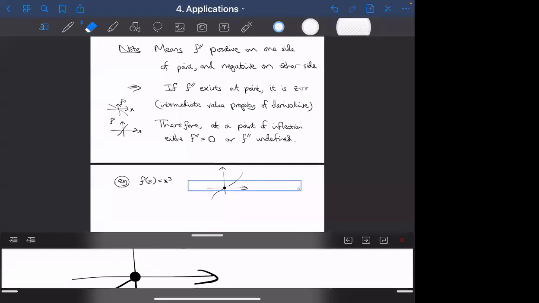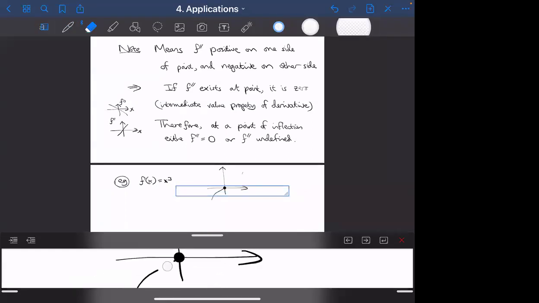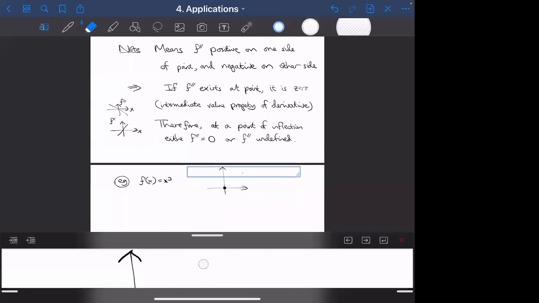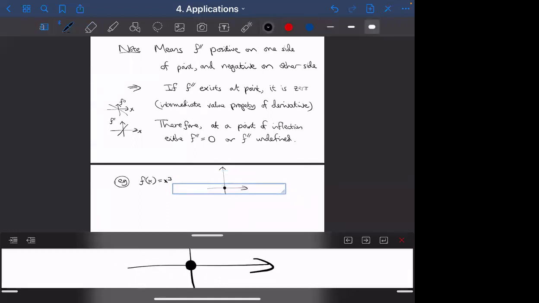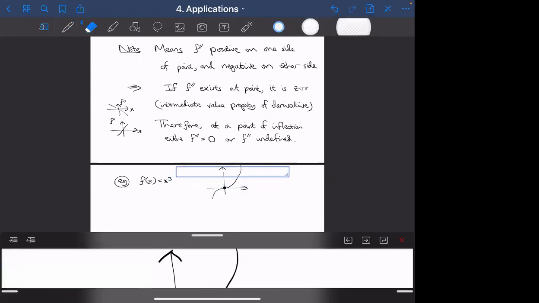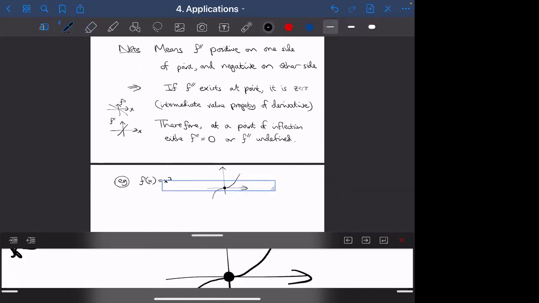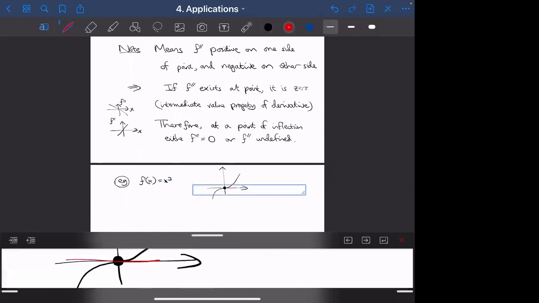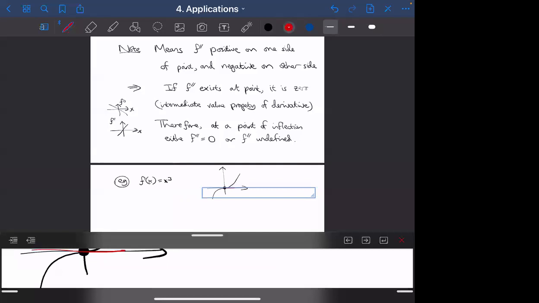I need to have a horizontal tangent here. Like this. So here, a horizontal tangent.